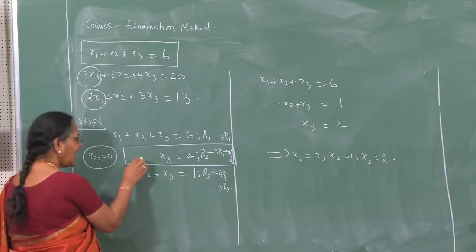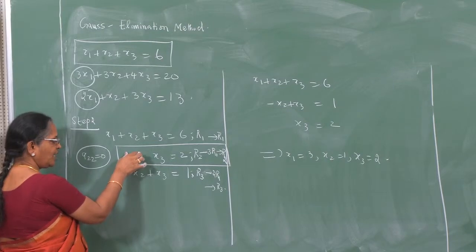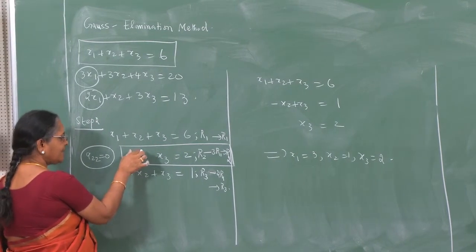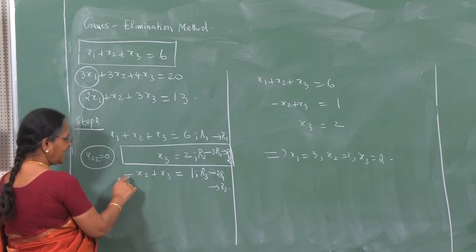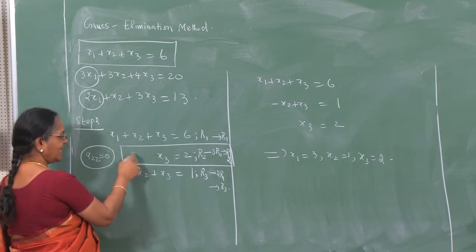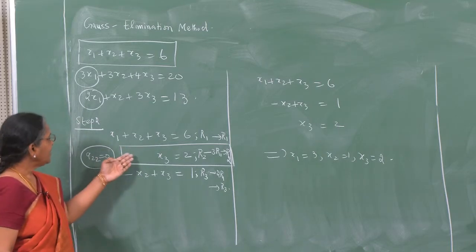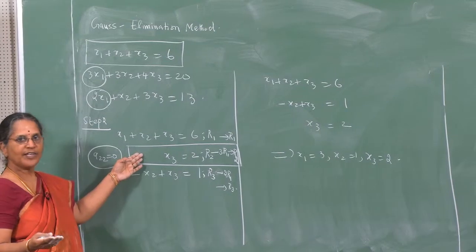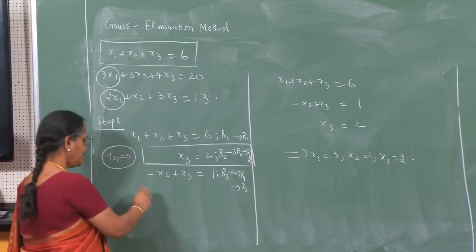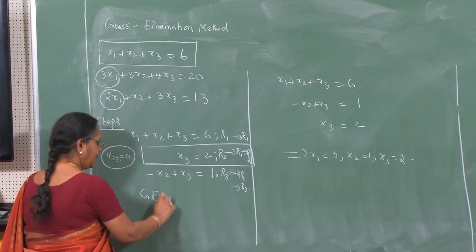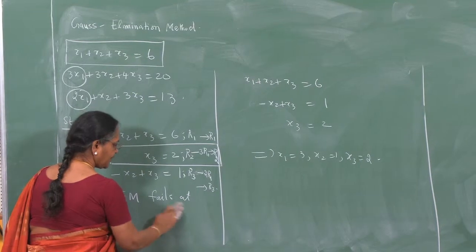If I have the coefficient of x2 as some a22 which is non-zero, then I must take that pivotal equation and multiply it by minus 1 by that coefficient and subtract it from this equation. But the coefficient there is 0. So, I simply cannot perform this step, and therefore, I observe that the Gauss elimination method fails at this stage.